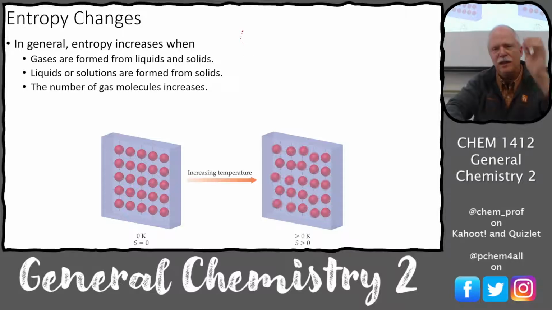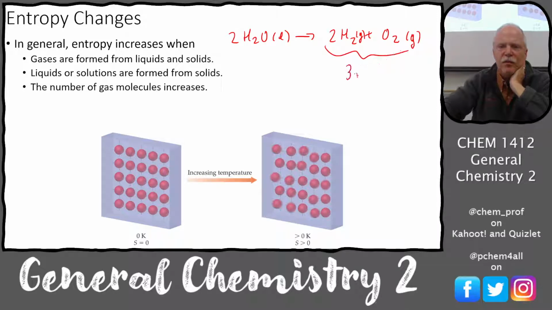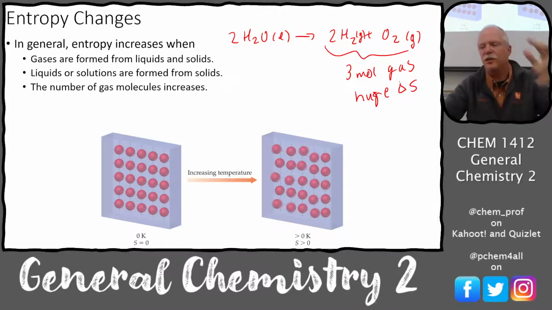So if you take water, H2O liquid, and you make 2 H2 plus O2, so we need 2 waters, we have three moles of gas, which is a huge delta S. So entropy is increased quite a bit in that situation.